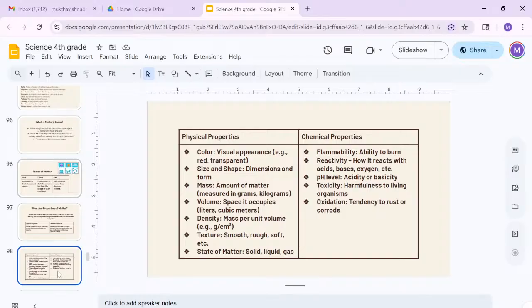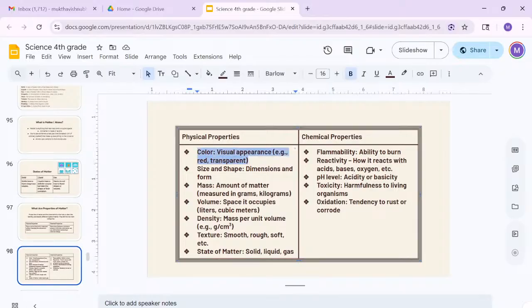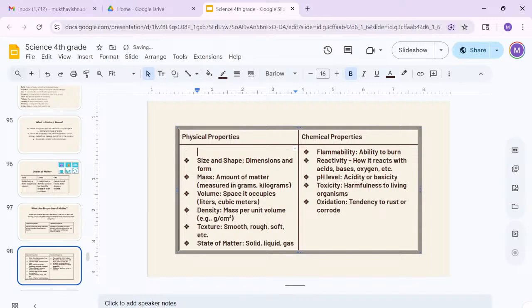You can tell if it's a physical property by some indicators, which is usually if there's just a color change. Actually, my bad. Color change is actually an indicator for chemical properties. But size and shape, if they change, then it's still physical. Mass, the amount of matter, that's physical.